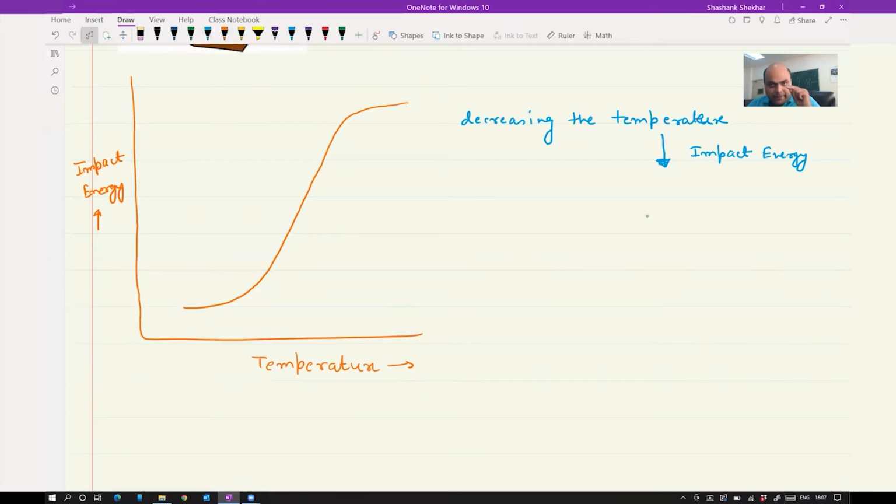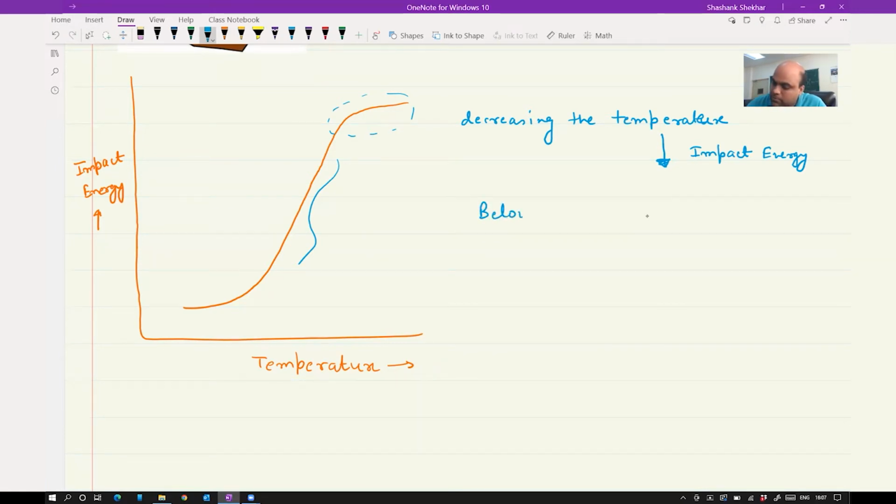So the lower the temperature, your impact energy is going to be low. That means it is going towards more brittleness. Okay, so here at very high temperature, you are going to have ductile behavior. Somewhere here you are going to have mixed behavior, and at a particular temperature you are going to see a transition from ductile behavior to brittle behavior. Okay, and that particular temperature is called DBTT.